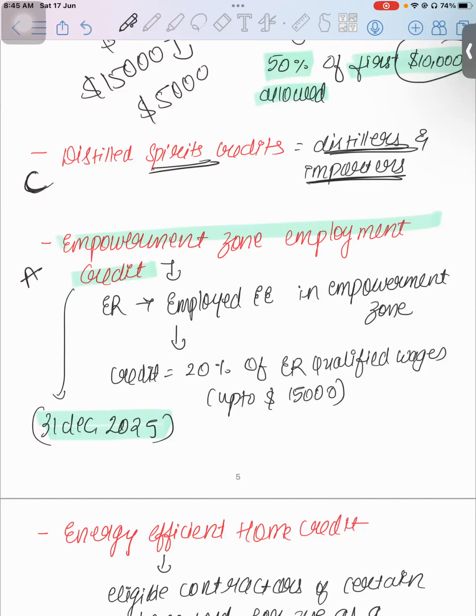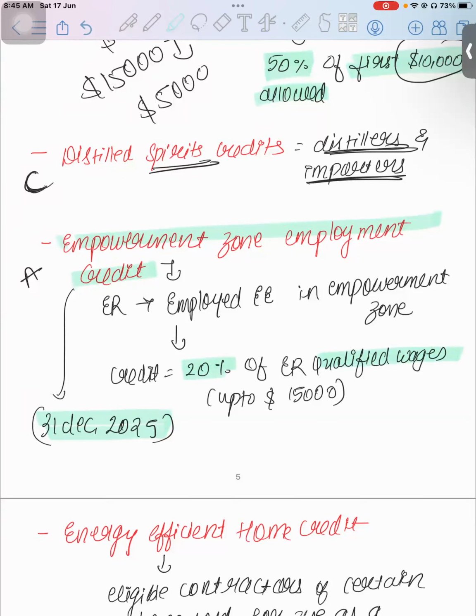I'll provide the living facilities and you'll work at my manufacturing facility. Just like Tata Nano, right? The employees, the labor were hired from that particular state, like particular area only. Same way, if you're employing from that particular area and your manufacturing facility is in an empowerment zone, then you can take a credit of 20% of whatever wages you are paying to them.